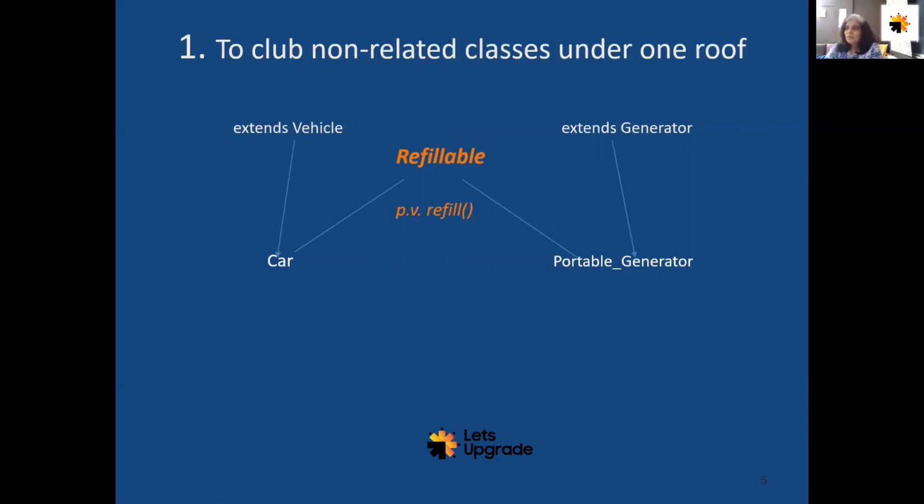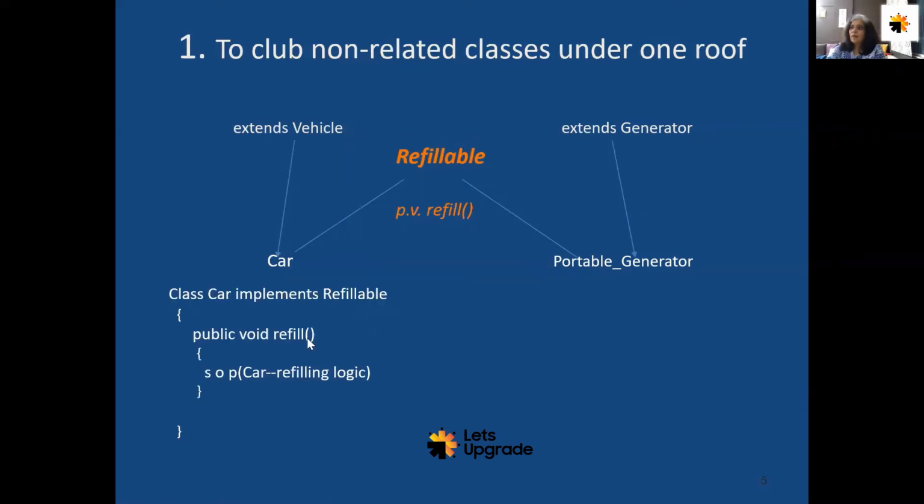Now the car will implement this interface refillable and has to provide the implementation for the refill method, its own implementation. It will put in its own refilling logic. Same applies to generator. The generator class will also implement the same interface. Now it has to provide the implementation for the refill method, and it will have its own logic for that. Right? So now these two non-related entities we are clubbing together under one roof, that is refillable.